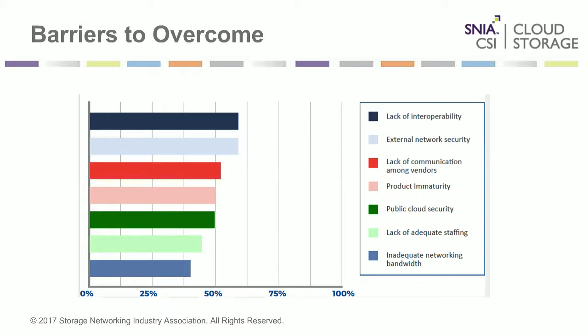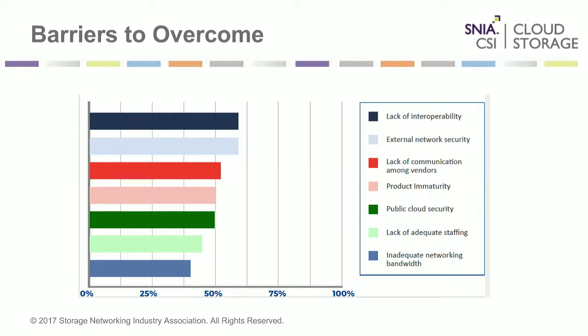So that's, in a way, on the positive side, what people are using and what they want to do. Here's what they see as barriers to the use cases and to the objectives going forward. And I'll tell you a little story about how I put this particular question together. What I wanted to do originally was to see whether public cloud security was this big issue, because for a number of years I've heard enterprise IT say we can't do many things in the public cloud, or maybe nothing in the public cloud, because of security issues.